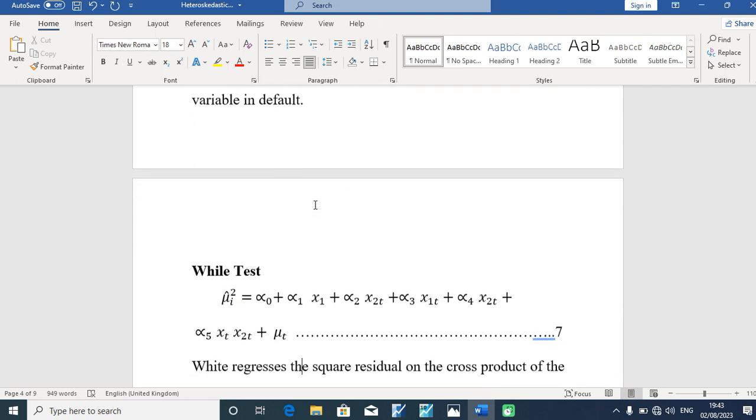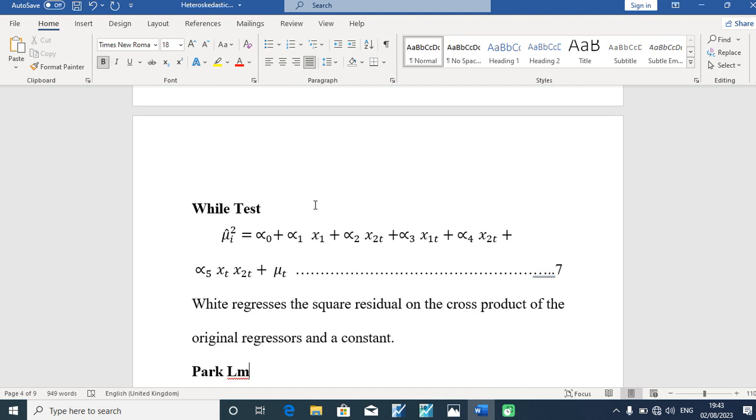Then we also have the White test. The White test actually regressed the squared residual on the cross product of the original regressors and a constant. So there is a cross multiplication of the variables of interest, like s1 and s2 being multiplied together.